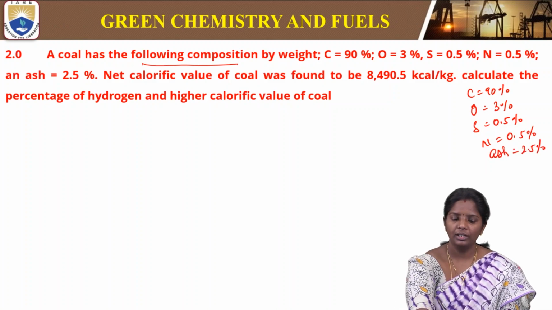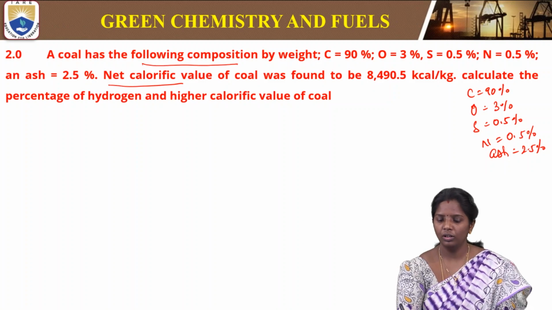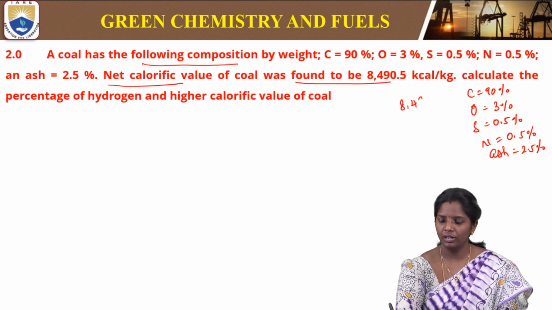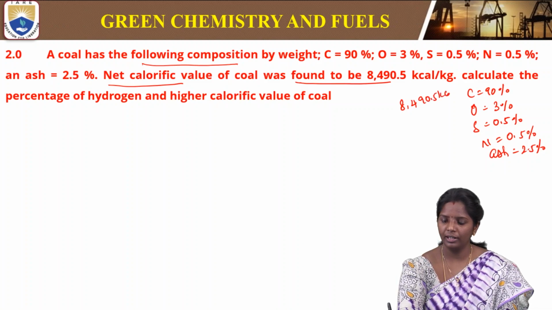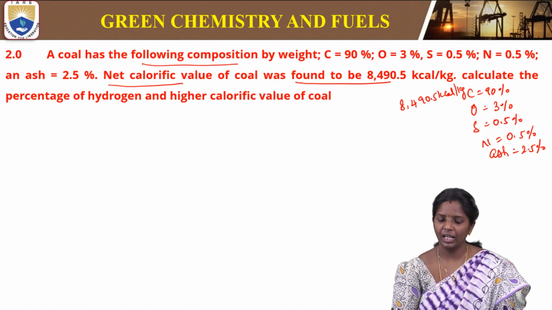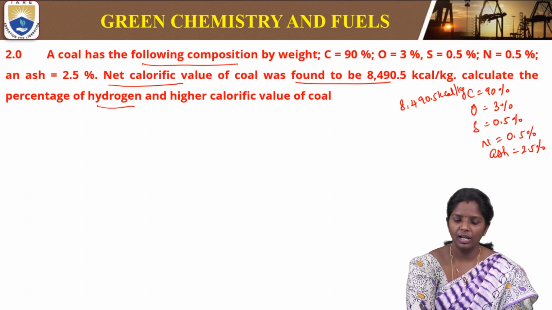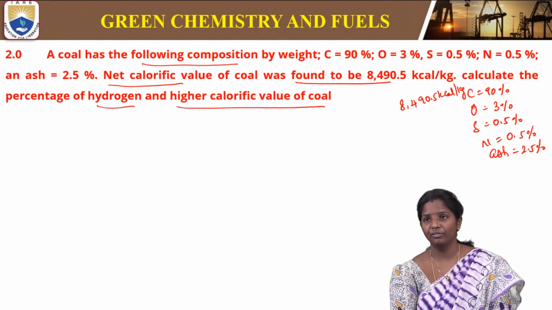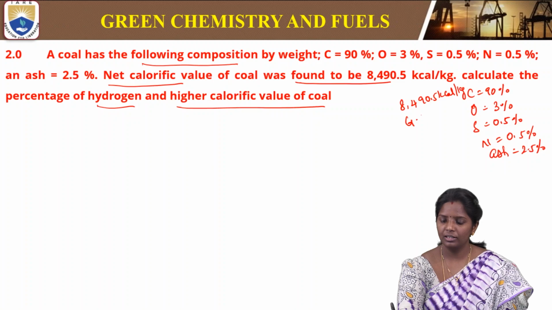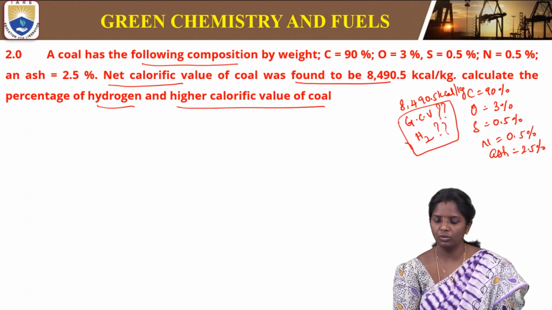Now calculate the net calorific value of the coal, which was found to be 8,490.5 kilocalorie per kg. Calculate the percentage of hydrogen and higher calorific value of coal. We have to calculate the GCV. GCV we don't know, and also hydrogen content is not given. So we have to find out these two.